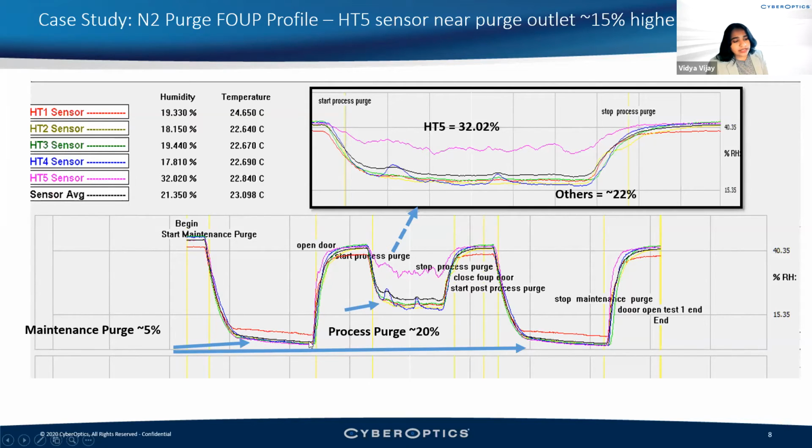And it started increasing as soon as they opened the door. They opened the door to do some evaluation, and then they started the process purge. But that process purge procedure gave them only around 20% relative humidity. So they stopped the purge, closed the door, and then they did the procedure and brought the humidity down as they established a new cycle.